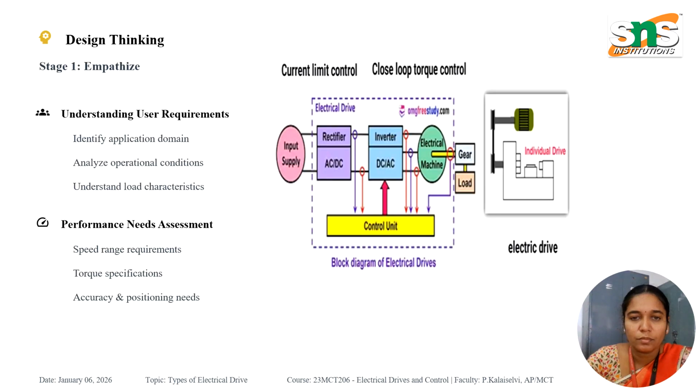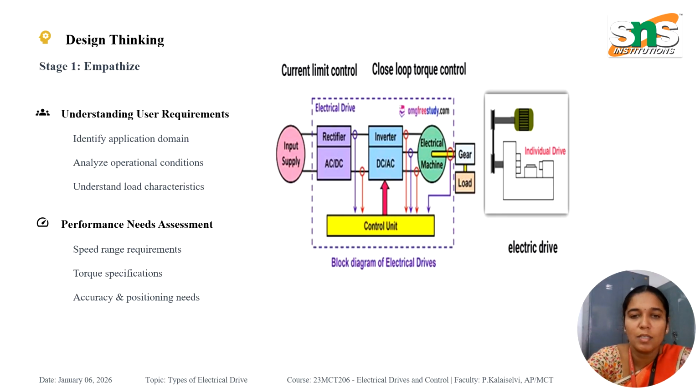Now we connect these topics with design thinking, because drive selection is not one solution fits all. The first stage is empathize, which means understanding the real requirement. Here we analyze the application domain, for example, is it a pump, a robot arm, an EV, and so on. Then operational conditions like continuous duty or intermittent duty, speed change, temperature or vibration.